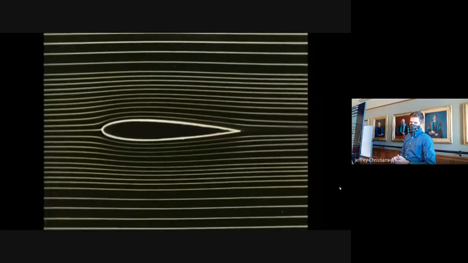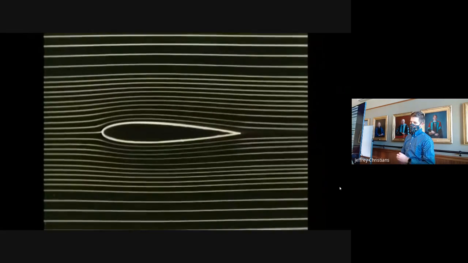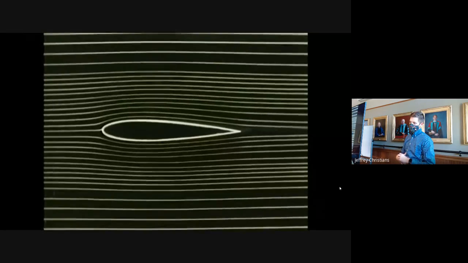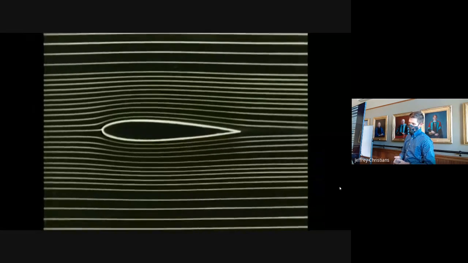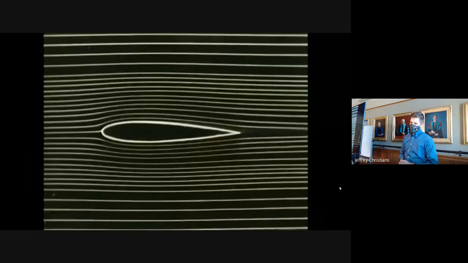This streamline pattern is very nearly what one would predict from liquid flow theory. Because the Reynolds number is large, influences of viscosity are confined to a narrow region close to the surface of the wing. The primary effect of viscosity is simply to create a drag force on the wing through the integrated effect of surface shear stress.